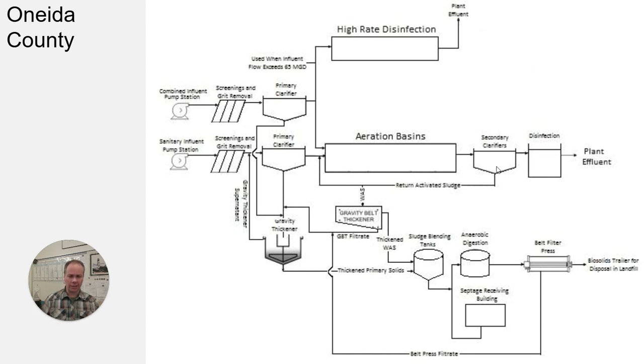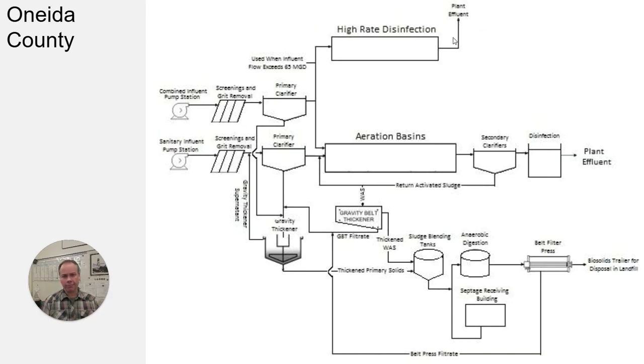It's then moved to secondary clarifiers, where again gravity settles out any solids and other suspended material, onto disinfection, which uses chlorine or ultraviolet radiation, and then it's eventually released as effluent. And so that's the overall process of wastewater treatment in our area.